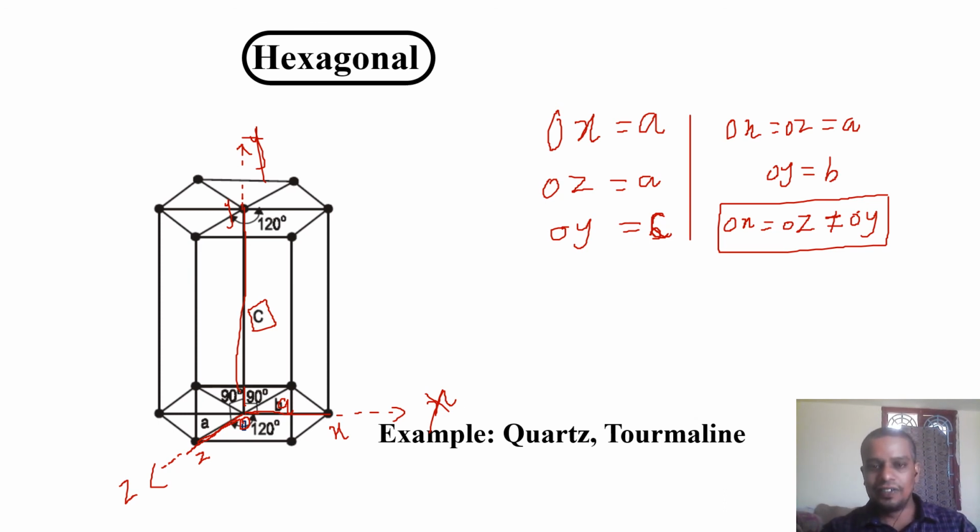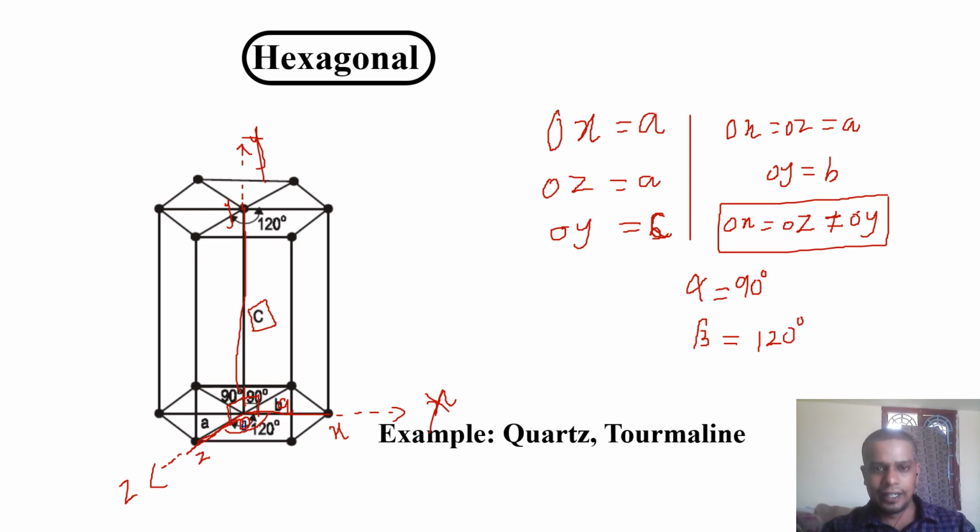Now what about the interfacial angle? Look at that angle. The angle between X and Y is 90 degree. Y and Z is also 90 degree. So you can call one of the angles alpha equal to 90 degree. The angle between Y and Z, the beta, if you are taking the angle between X and Z, it is 120 degree.